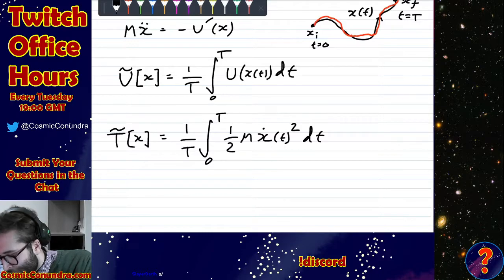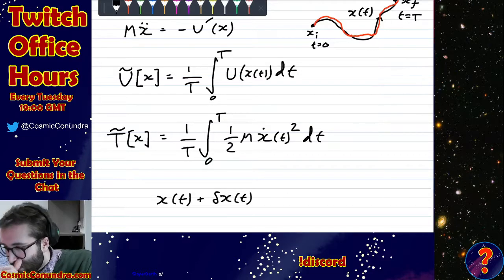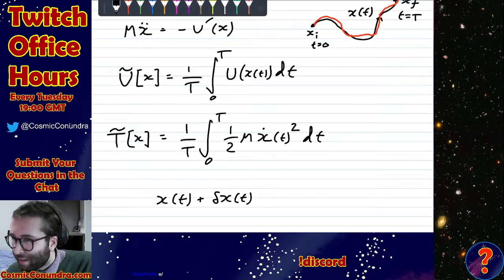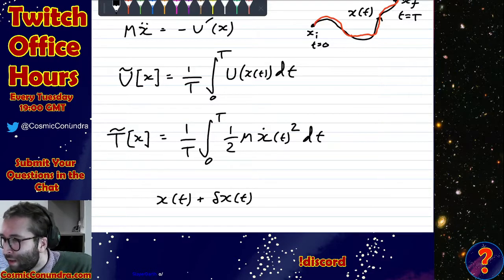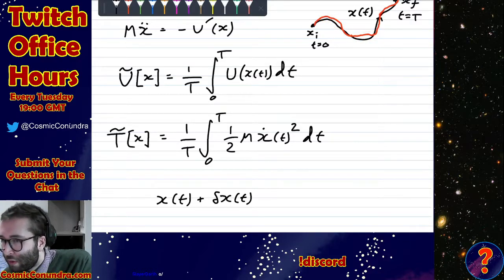I'm going to write this wiggle as the path plus a wiggle, and the wiggle might depend on time. The particular part I wiggle will depend on time: maybe you can see I wiggle it slightly more here, quite a bit here, but there's not really any wiggle here. So the wiggle will depend on time itself.